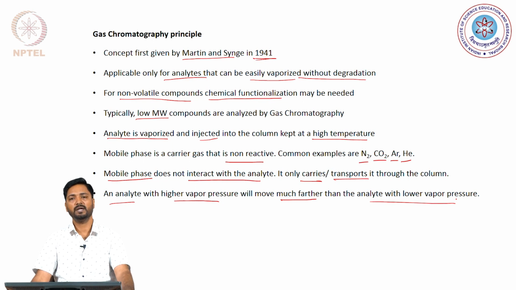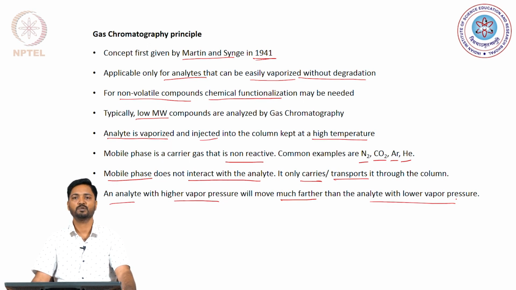I hope that this gives you a very clear idea of the analytes that you can use for gas chromatography, and how gas chromatography is indeed quite different from other chromatographic techniques.